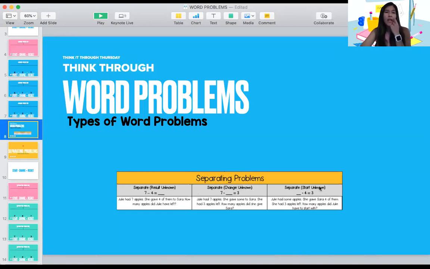And boys and girls, it is now your turn. For your homework, you will receive a word problem. And your job is to break that word problem apart and to tell me what type of separating word problem it is. Is it a result unknown problem, a change unknown problem, or a start unknown problem?